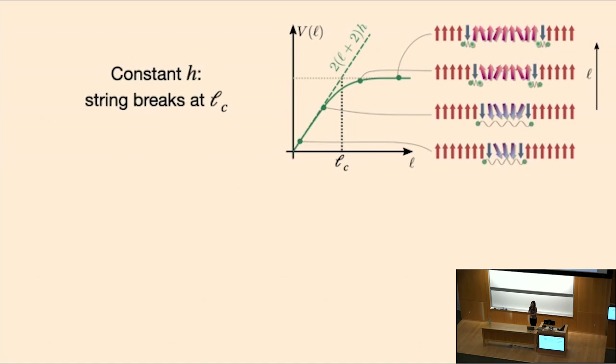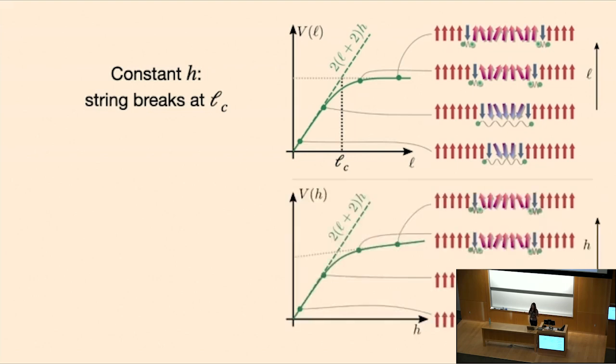There is a length at which you observe string breaking, but because we cannot really tune the distance of the string continuously in this experimental setup, we're on a lattice, it's more convenient to change the string tension.